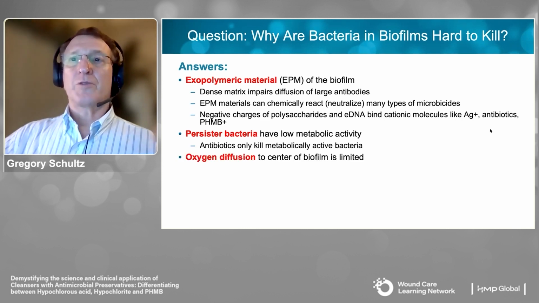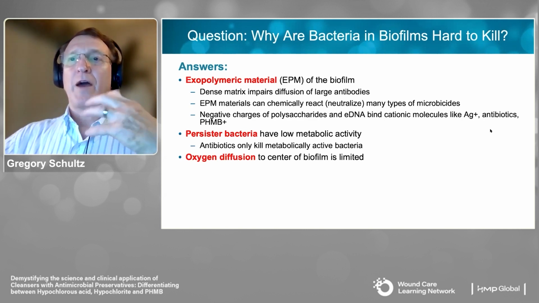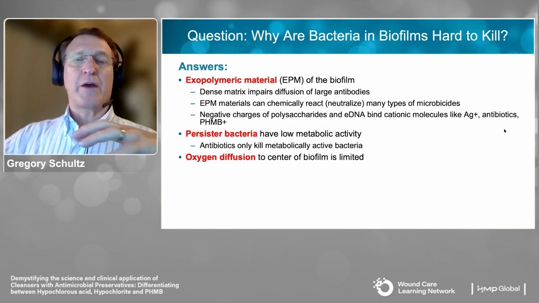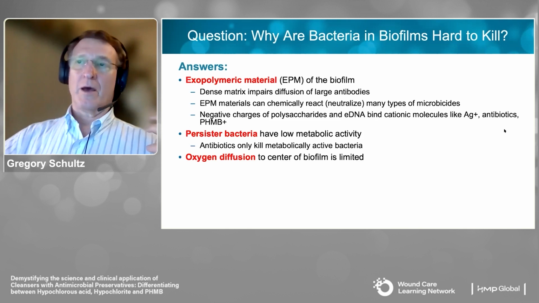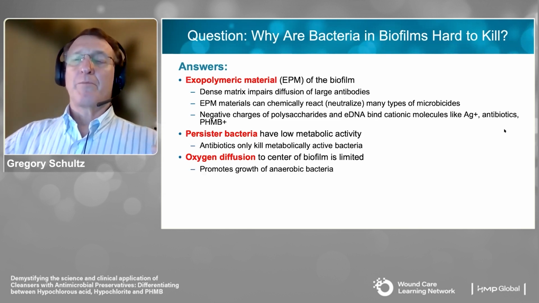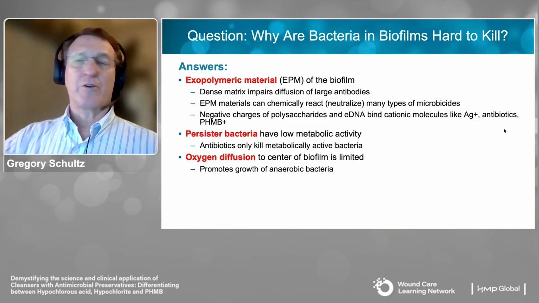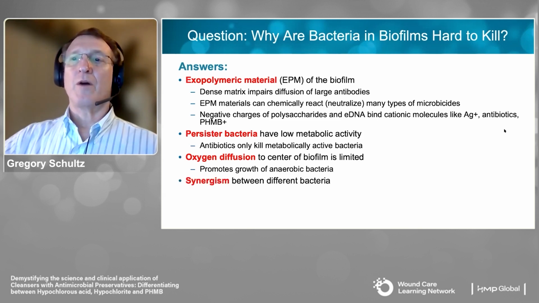Also, much of the metabolic activity that is present is found in the bacteria on the outer shells of the biofilm. Oxygen gets consumed in the outer layers of the biofilm, and this creates a niche for strict anaerobic bacteria, as I'll show you, in the center of the biofilm.